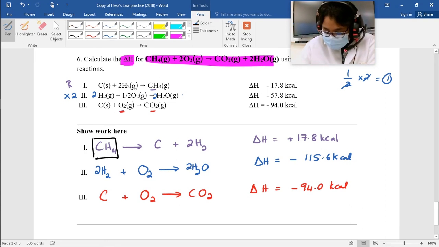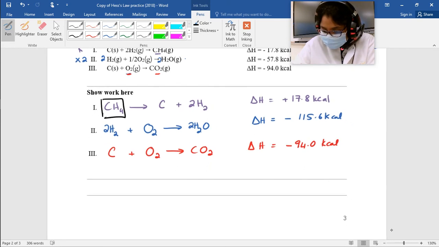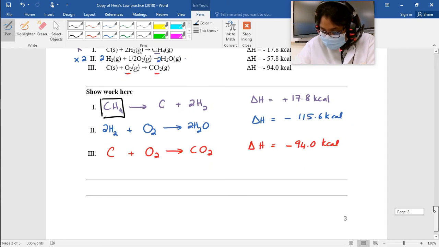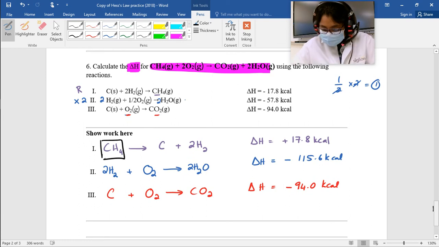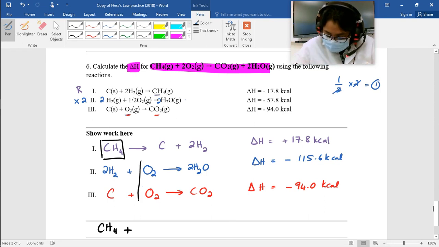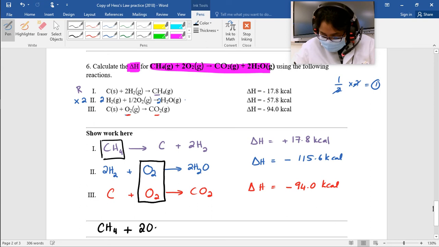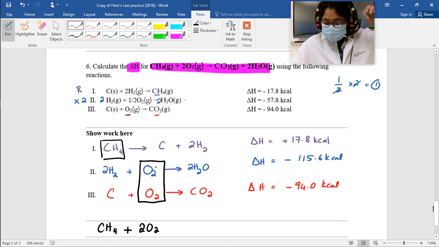All right, now let's see what I can keep and what I can remove. So I want to keep the CH4. Let me make it a little smaller so I can fit in the whole thing. I want to keep the CH4, so I'm going to write CH4 down here. Plus, I need 2O2, and it does resolve. See, 1 plus 1 is going to give me 2O2. You can add them because they're both on the reactant side, as you can see.